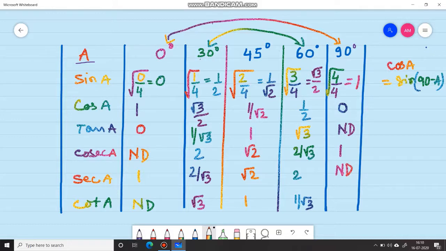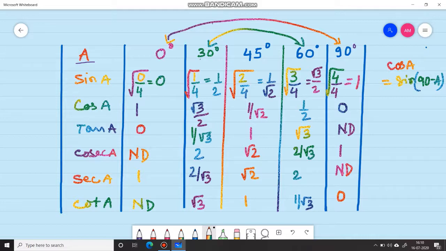Now see cot. Tan A is not defined. Not defined means 1 by 0. So cot A will become 0 by 1, and 0 by 1 is 0. So this way you can find the values of sin 60, cos 60, tan 60, sec 60, cosec 60 or any of the ratios for angles 0 degree, 30 degree, 45 degree, 60 degree and 90 degree.